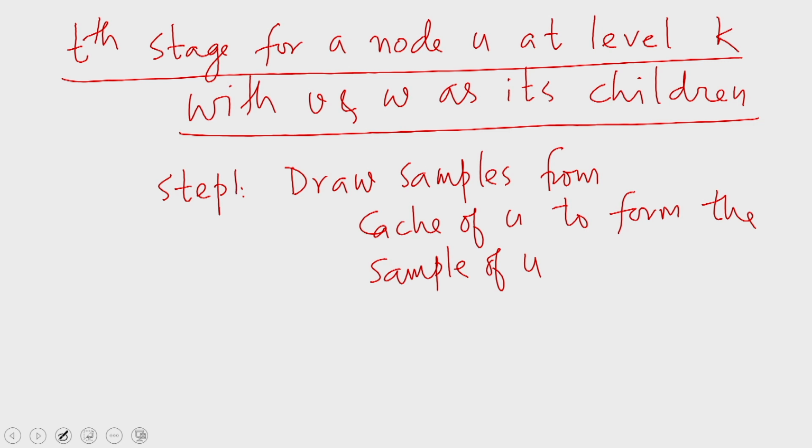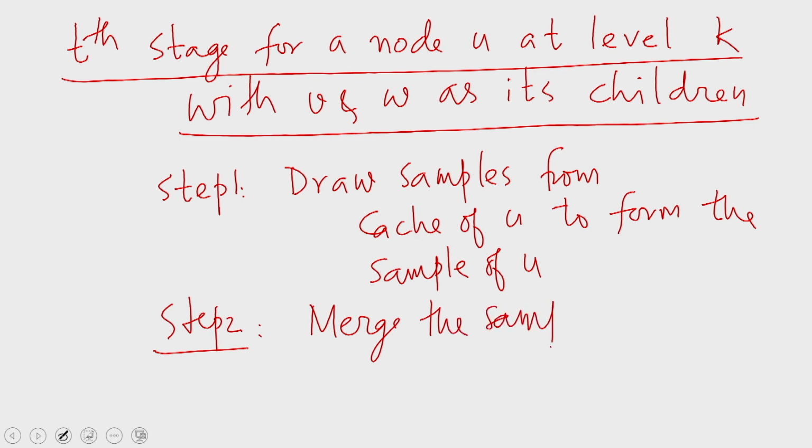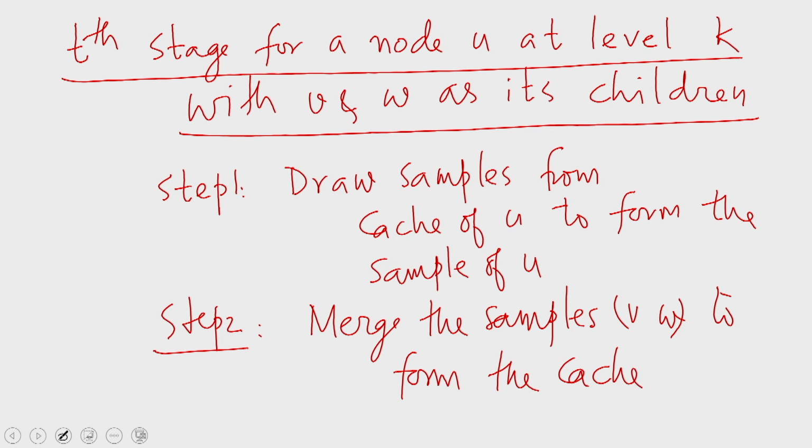In step 2, we merge the samples of the children, in this case v and w, to form the new cache of u. So, a stage of the algorithm consists of these two steps.